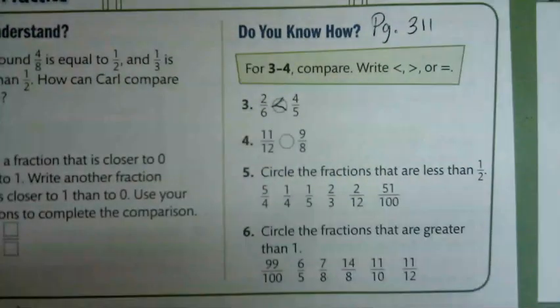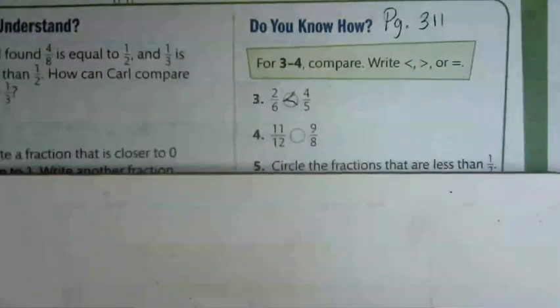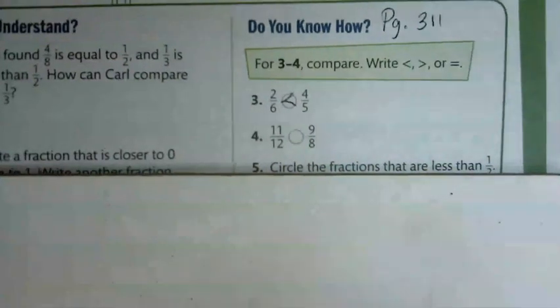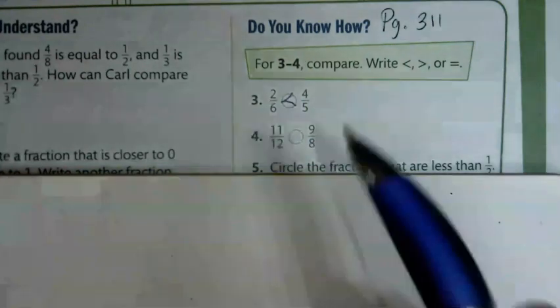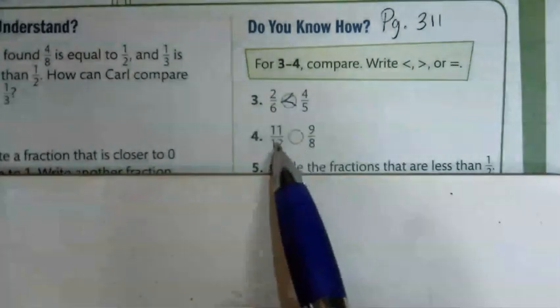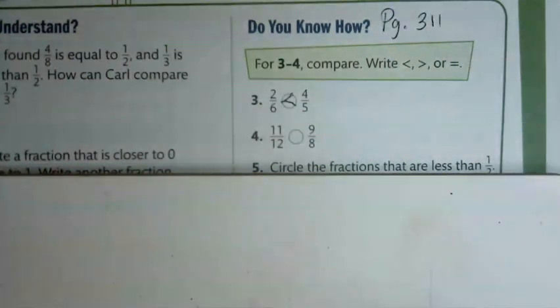Ooh, this next one, mighty tricky. On this one right here, I see that I've got 11/12. Well, that is really close to being the whole thing, right?